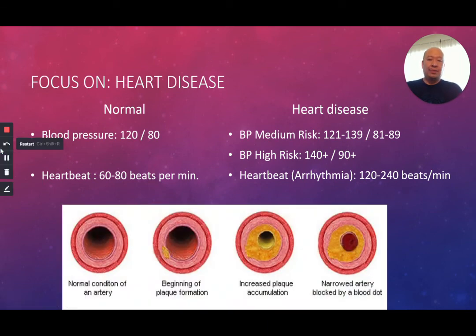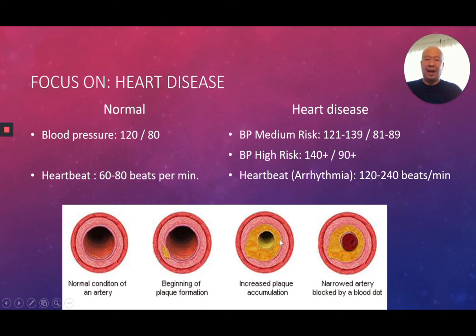And one of the things that contributes to this increase in blood pressure and increased heart rate is basically the condition of your arteries. So some of you guys may remember this from grade 11, but a normal artery kind of looks like this one on the left. But every time that you start eating unhealthy and your arteries are collecting cholesterol, there's a plaque buildup.